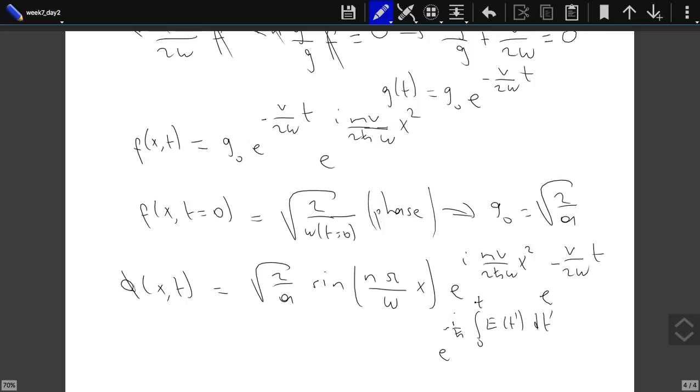You see, e of t is a real number, so the last factor is a pure phase, a time-dependent phase. The first exponent is also a phase. It doesn't change the normalization. E to the power minus v over 2 omega of t, as time increases. No, hold on.